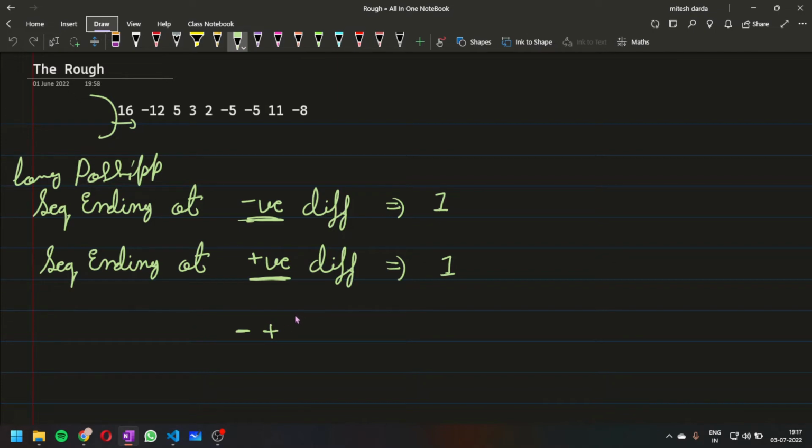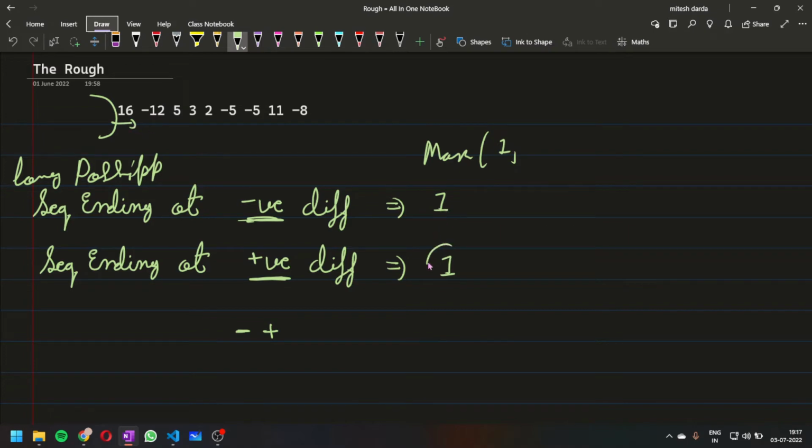So more formally, if we find a positive value, we are going to increase the length of our negative sequence, and we can do it by taking the maximum of 1 comma, so this is the 1, and 1 plus 1. So we have found a positive value.